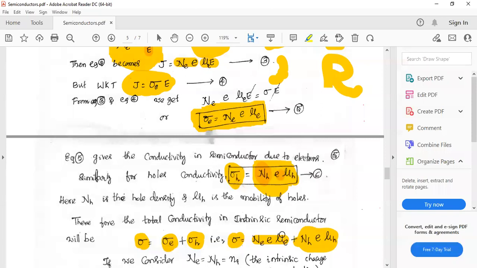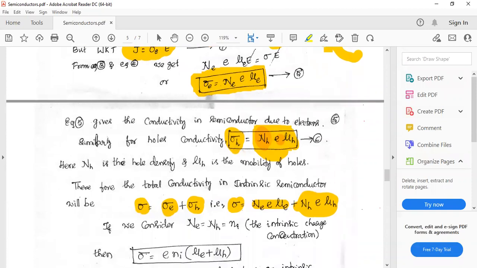This is the expression which you have to derive in the examination. In intrinsic semiconductors, the number of electrons is the same as the number of holes, and I will call it N_i, the intrinsic charge concentration.